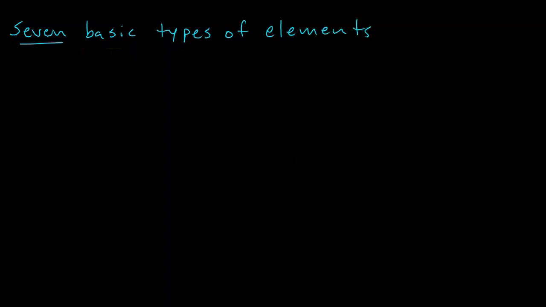So we have 7 basic types of elements in our factored polynomials.